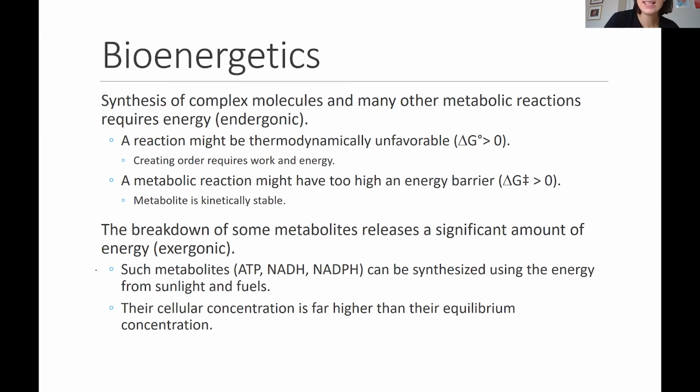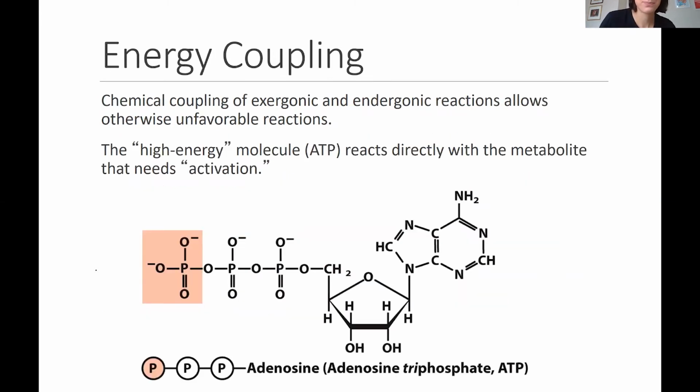Things like ATP, NADH, and NADPH, these are molecules we'll be seeing and talking about this semester, can be synthesized using energy from sunlight and from fuel like sugar, and their concentration is higher than their equilibrium concentration. So these are readily available, they can be synthesized, and when they are broken down, they release energy.